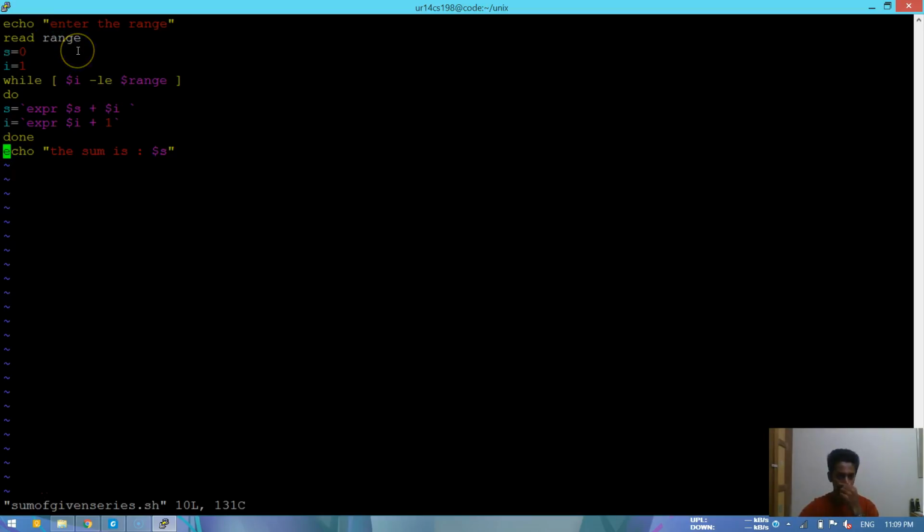First we do echo "Enter the range". Then we read the range, s is equal to 0, i equal to 1. Then we do while i is less than or equal to the range, which is the input we are given. We do s is equal to expr s plus i.